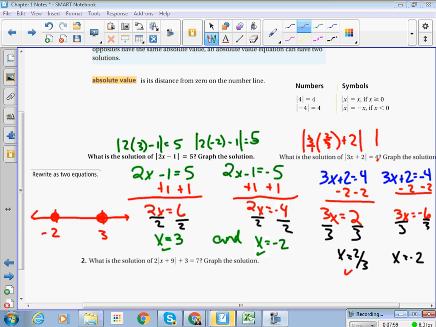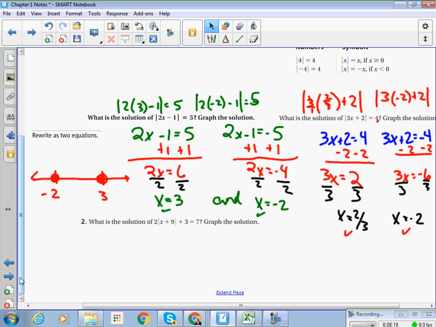And then we'll try it with the negative 2. 3 times negative 2 is negative 6. Negative 6 plus 2 is negative 4. Absolute value of negative 4 is 4, so that also checks out. So when we graph that on our number line, our solutions are negative 2 and 2/3.